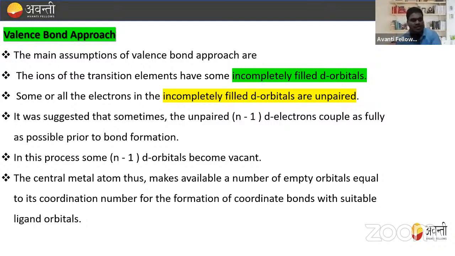Some or all the electrons in the incompletely filled d orbitals are unpaired as well. It was suggested that sometimes the unpaired (n-1)d electrons couple as fully as possible prior to bond formation. In this process, some (n-1)d orbitals become vacant. Now the central atom makes available a number of empty orbitals equal to its coordination number for the formation of coordinate bonds with suitable ligand orbitals.